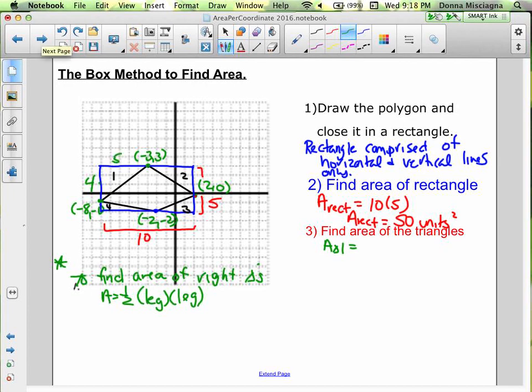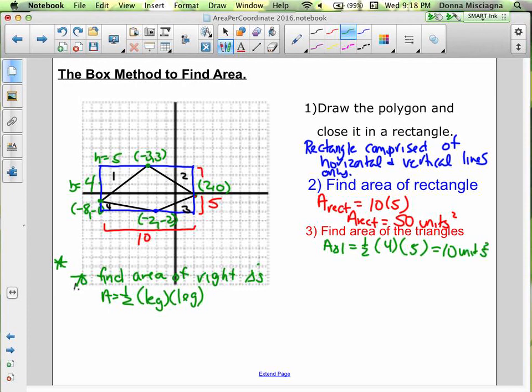So the base of my triangle is 4, the height is 5, or vice versa if you want to call the 4 the height and the 5 the base, it doesn't really matter. So area of triangle 1 is just going to be 1/2 times 4 times 5. Half of 20 is 10. So that triangle has an area of 10 units squared.